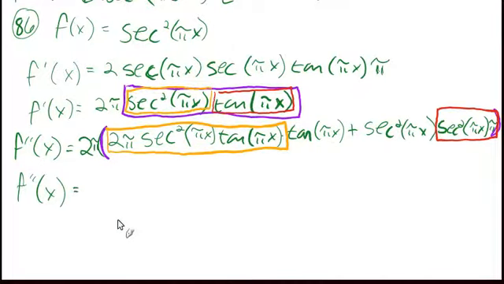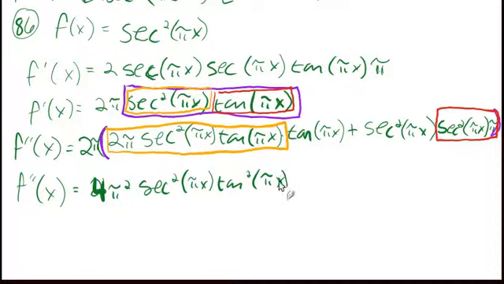Let's just do a little simplifying maybe. Let's distribute this 2 pi in here, so I'll get 4 pi squared secant squared pi x tangent squared pi x, because of the two tangents times each other, plus, still distributing this 2 pi, 2 pi times pi is 2 pi squared secant to the 4th of pi x.